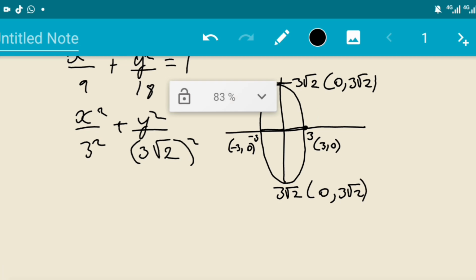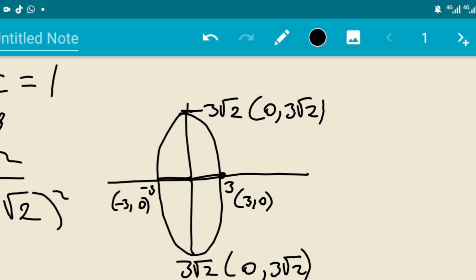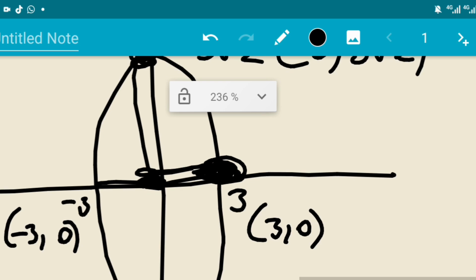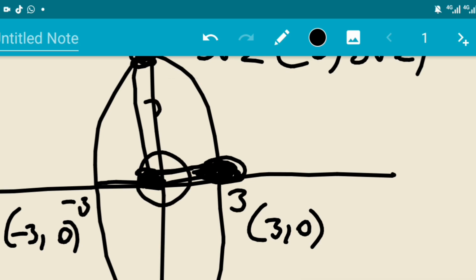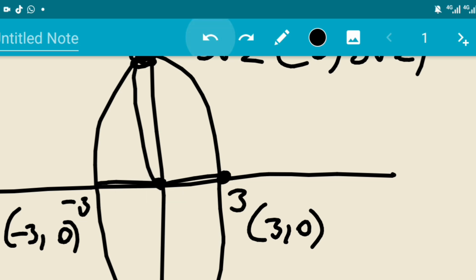Okay, now here's the thing. We need to find our c, where the foci is. In this case, because this is the longest from here to here, this here is our a. From here to here, this here is our b. Now our c is just where the foci is located, starting from the origin to wherever that is. So that is our c. And how can we find the c?